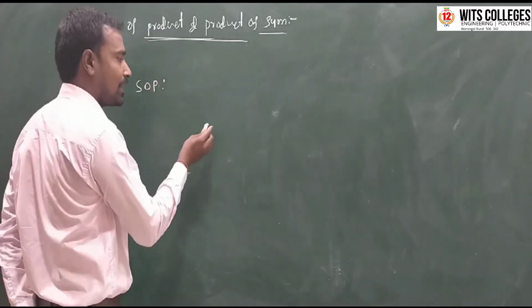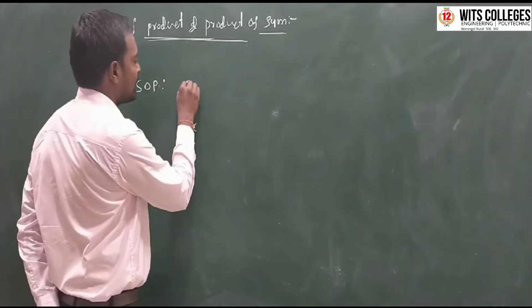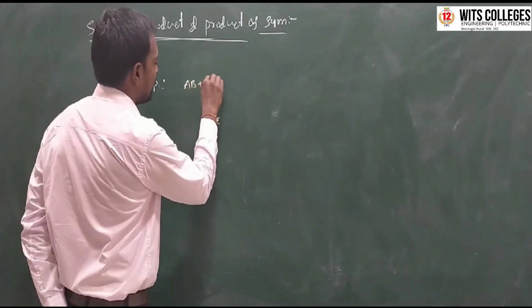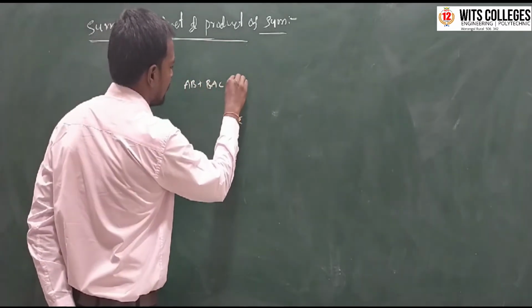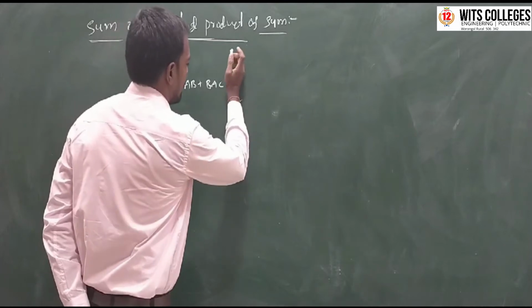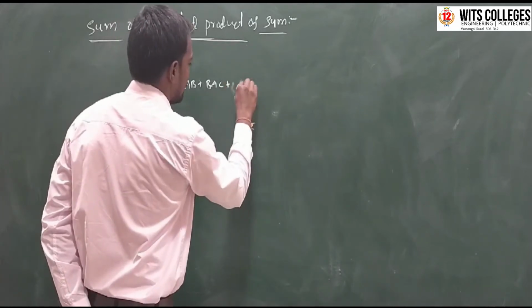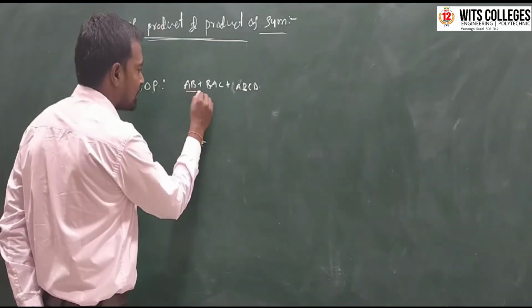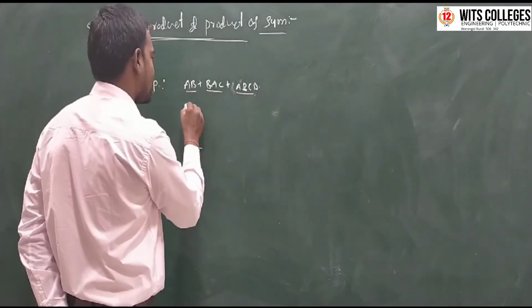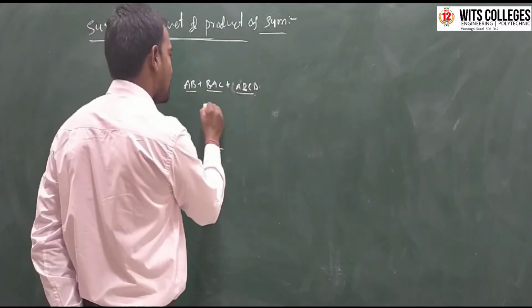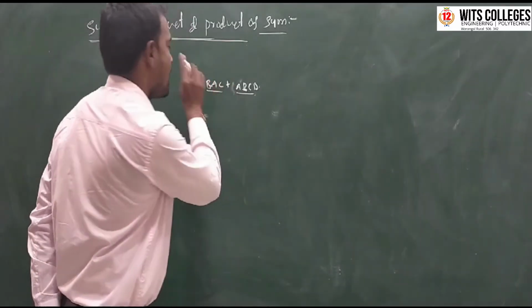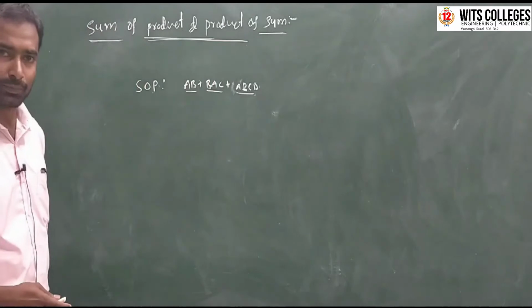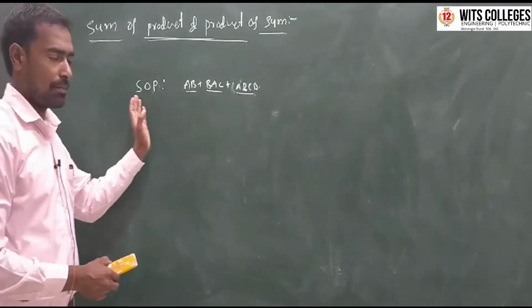Here I am taking one example for the sum of products, that is A into B plus B A C plus A B C D. Here these three are the product terms, and these three product terms are ORed together. So that comes under sum of products.